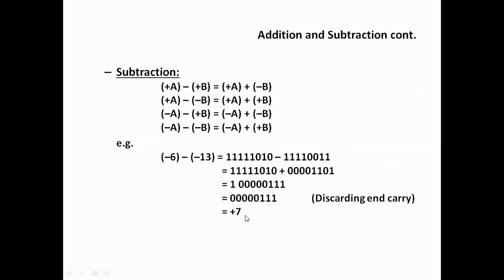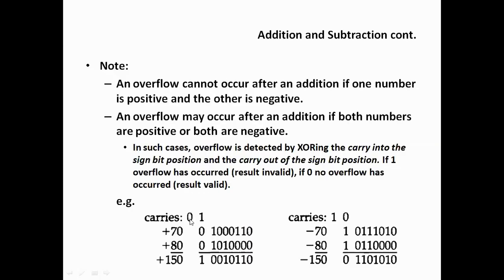We know very well that if the numbers are different, 0 1 or 1 0, the XOR comes out to be 1. So here the XOR will be 1. This 1 implies that the answer is incorrect. This is an invalid answer. Why? Because the computer here can store only a 7-bit magnitude in a register.